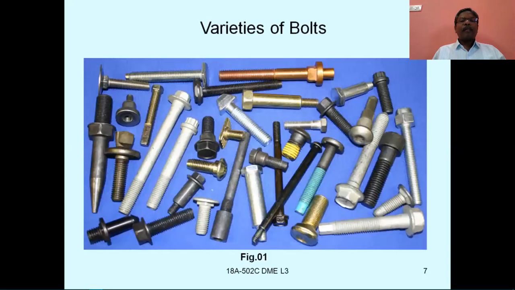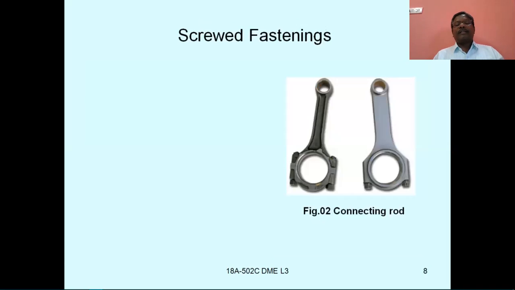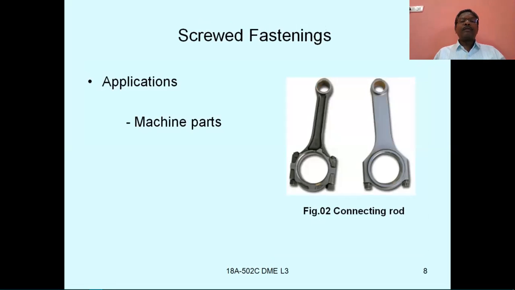These are different varieties of bolts. You can see many varieties here. This is one type of bolt, this is another type of bolt, and there are many types. Now, screwed fastenings: what are their applications?